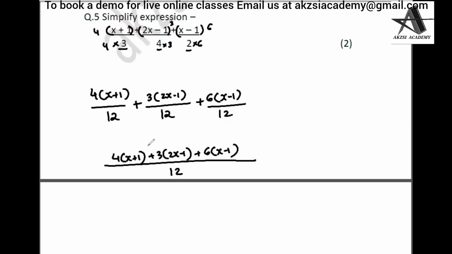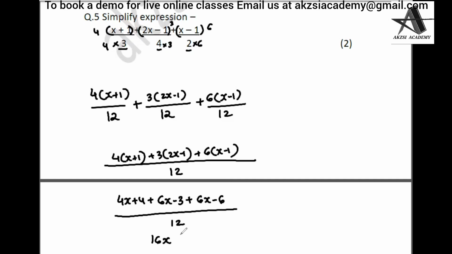Now expand the brackets to simplify it further. 4x plus 4 plus 6x minus 3 plus 6x minus 6, over 12. Add all the x's together: 4, 6, 6, 16x. And all the numbers together: 4 minus 3 is 1, plus minus 6, minus 5, by 12.